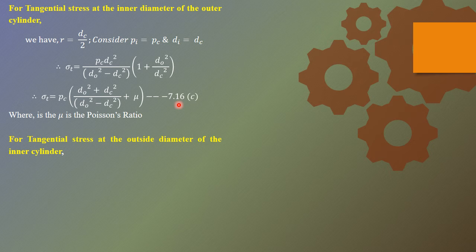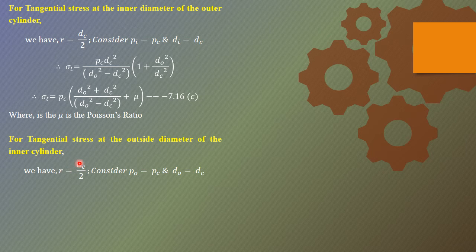Now we will consider the inner cylinder. For tangential stress at the outside diameter of the inner cylinder, with respect to the inner cylinder, Dc will be the outside diameter, right? The contact diameter will be the outside diameter for the inner cylinder.